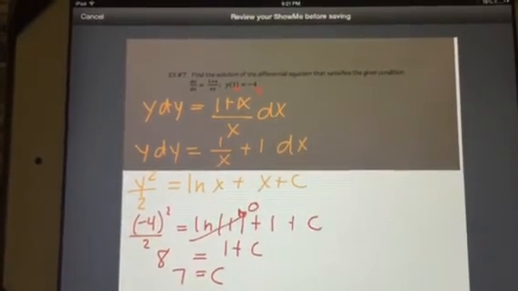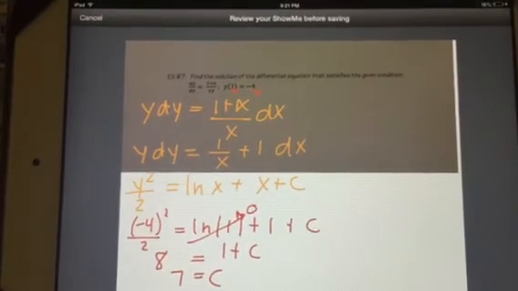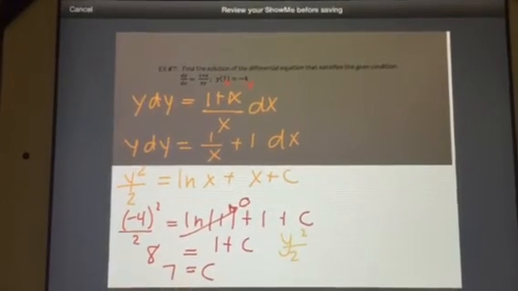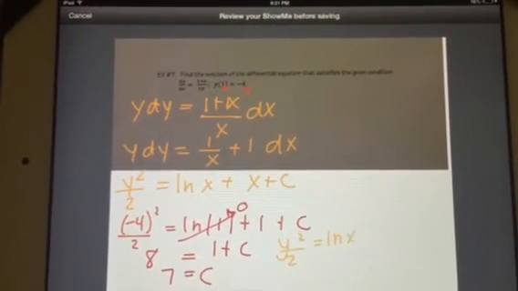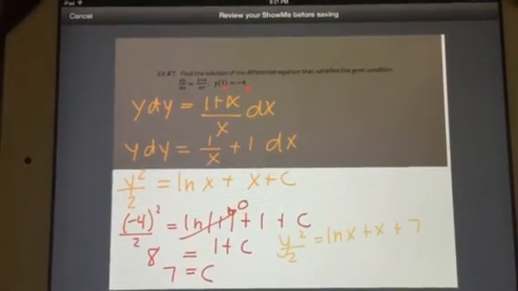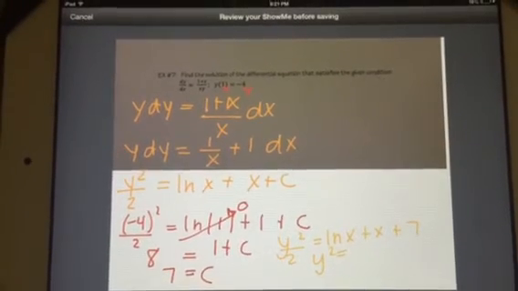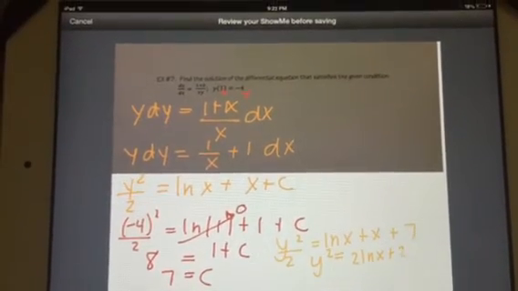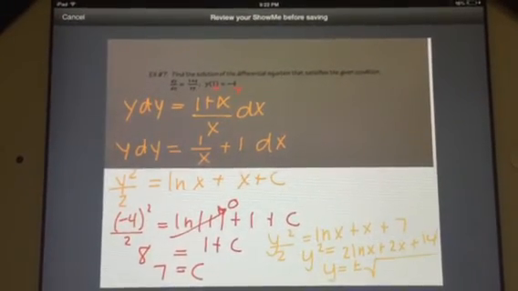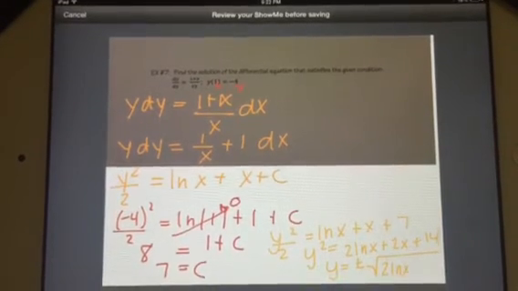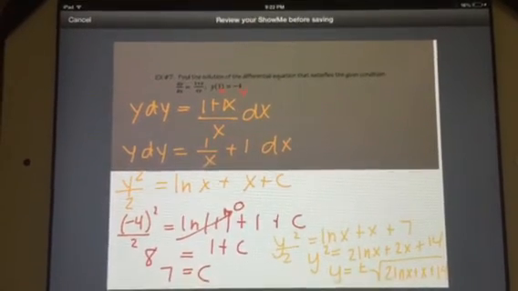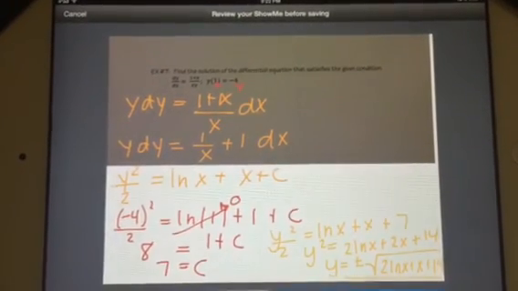So our solution would then be y squared over 2 equal to ln of x plus x plus 7. We can multiply everything by 2, so y squared is equal to 2 ln of x plus 2x plus 14. Solve for y. And that would be our solution.